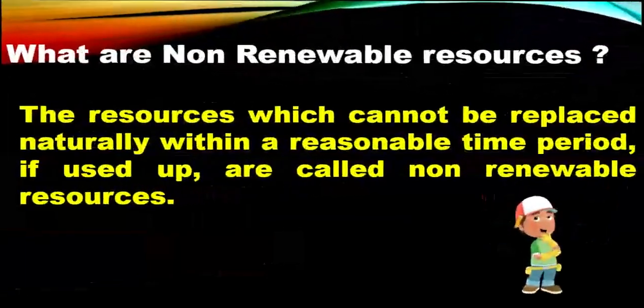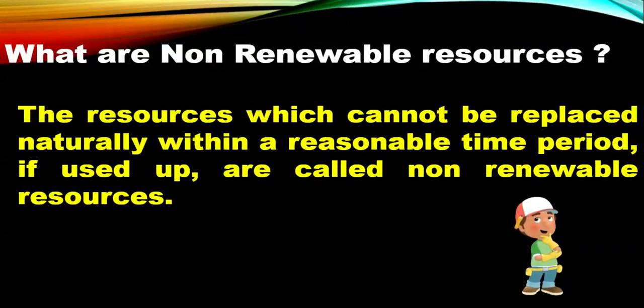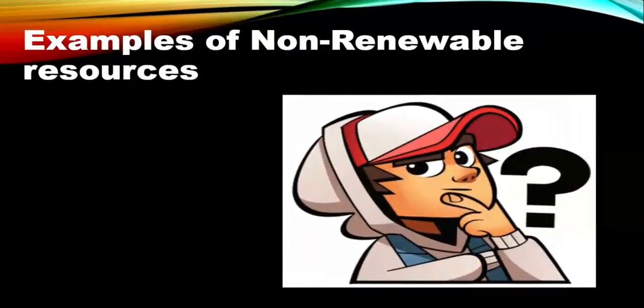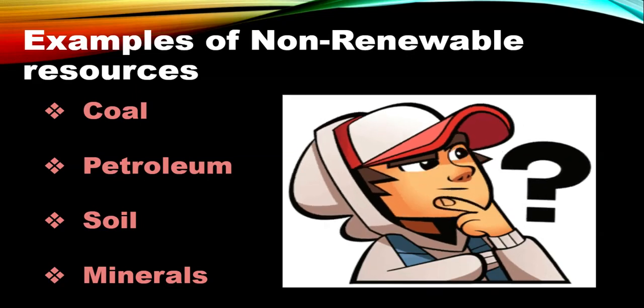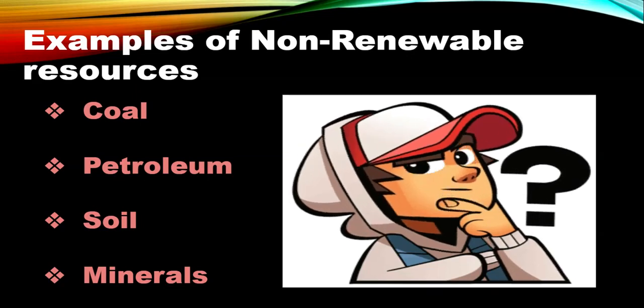Okay, now let us understand what are non-renewable resources. Dear children, the resources which cannot be replaced naturally within a reasonable time period if used up are called non-renewable resources. For example, coal, petroleum, soil, and minerals.